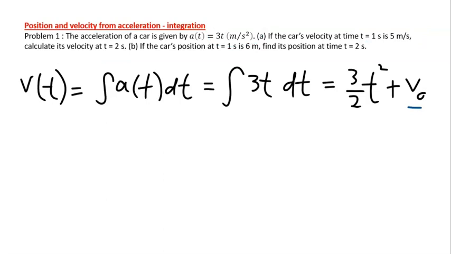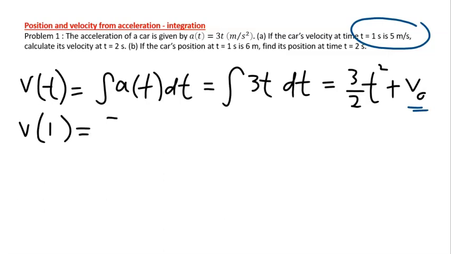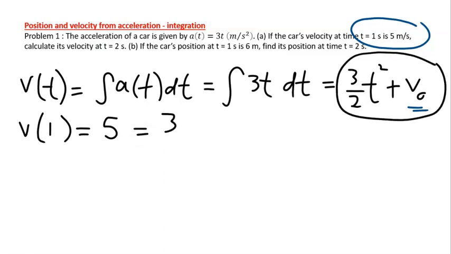To obtain v naught, we use the information that at t equals 1, the velocity is positive 5. So if we substitute that in, v of 1 from this expression is 3 over 2, 1 squared plus v naught.